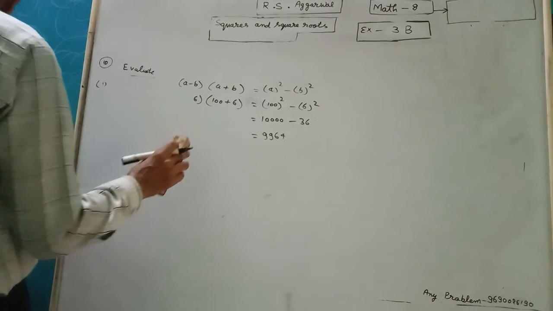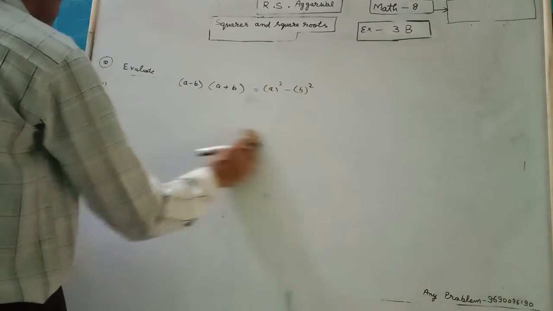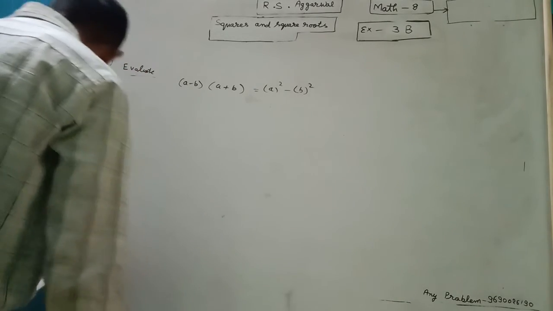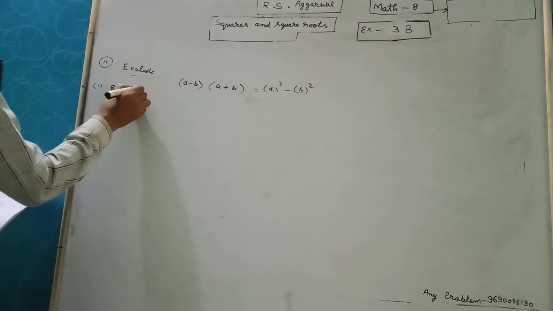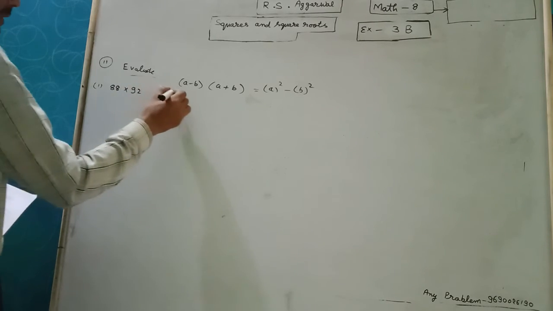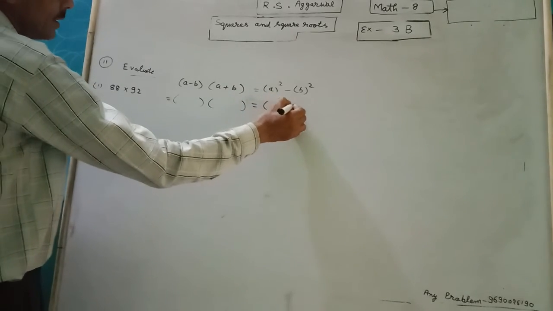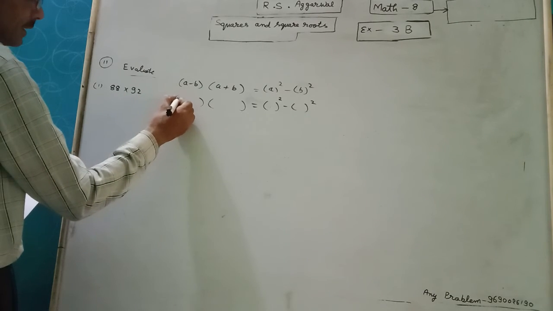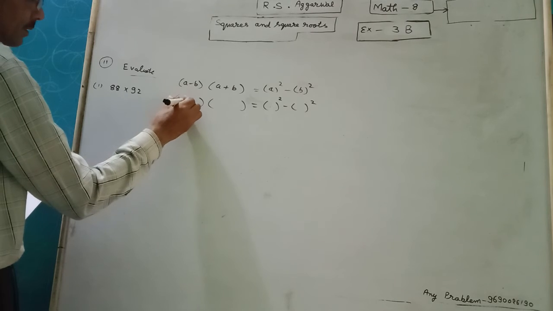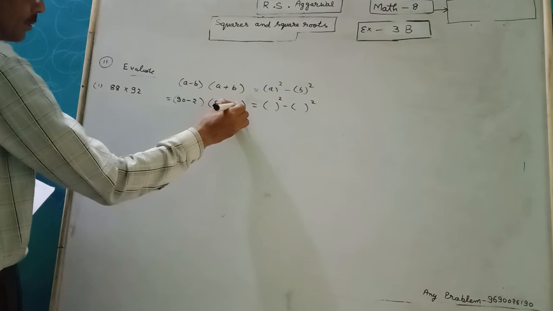Question 11, first part is 88 into 92. Write the identity form. 88 write as 90 minus 2 and 92 write as 90 plus 2.